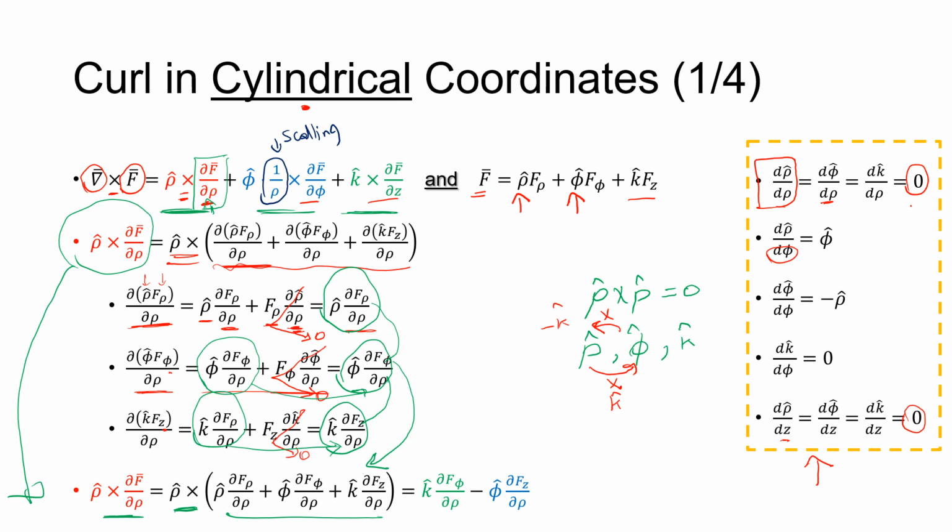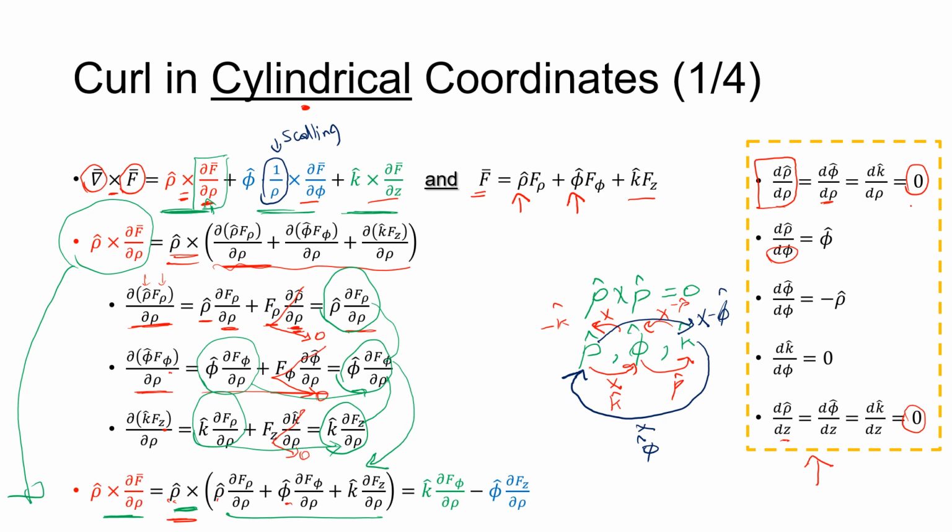Likewise, if you make rho cross k, you will get the remaining one, which is phi. But of course, again the opposite, you will get minus rho. If you go from k to rho cross product, you will get phi positive. But if you do the opposite, meaning you go from rho to k cross product, you will get minus phi hat.